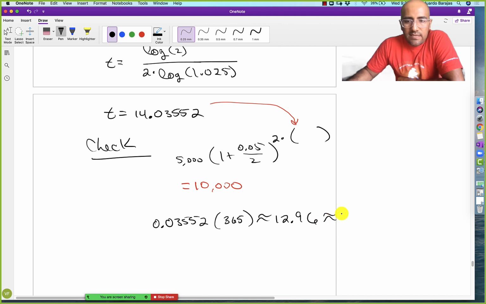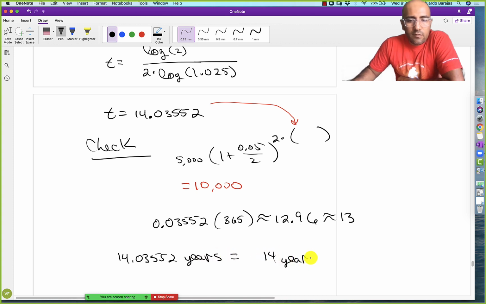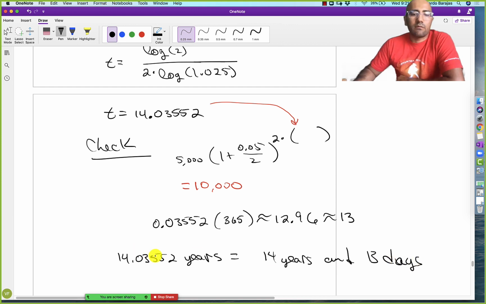We'll just round it to the nearest whole day. That's 13. So 14.03552 years is the same thing as 14 years and 13 days. I think that sounds a little better than just saying 14.03552 years. Good? Questions?